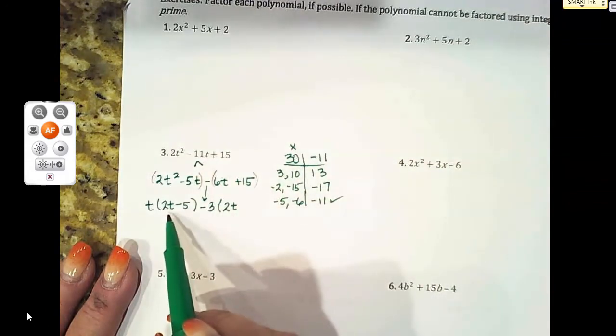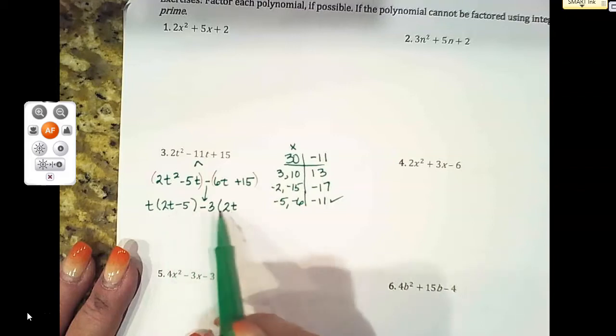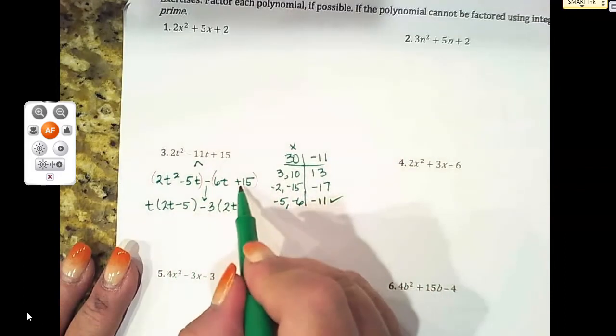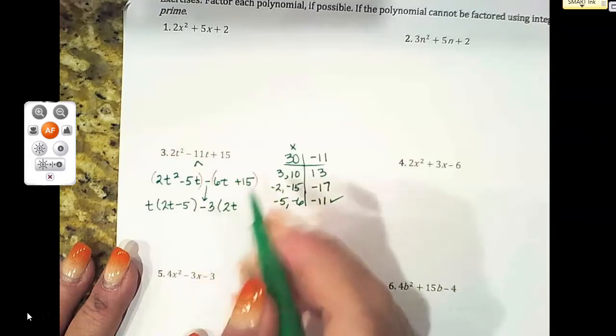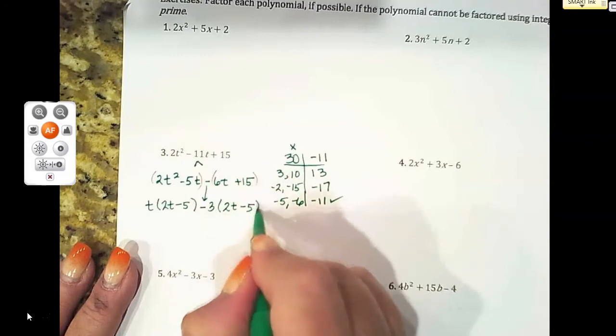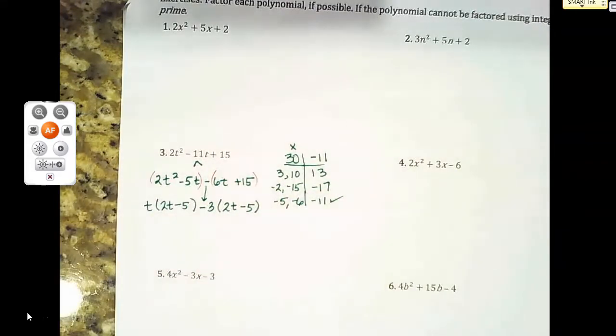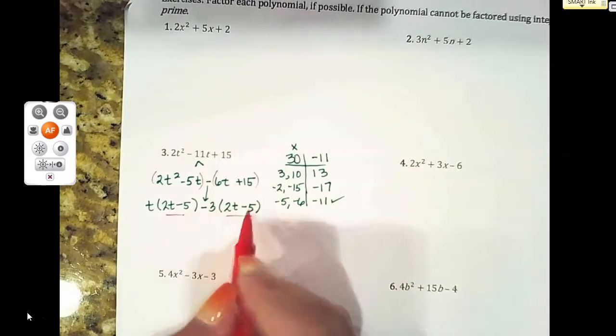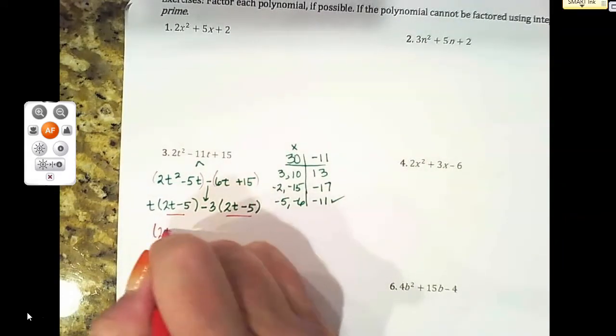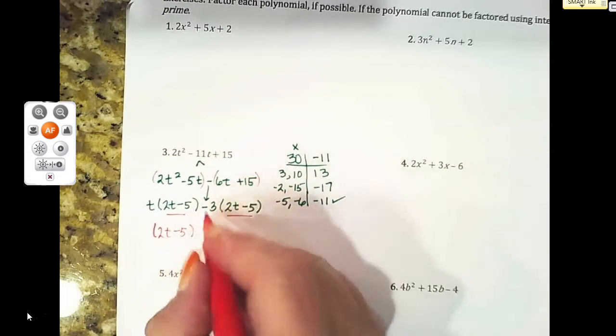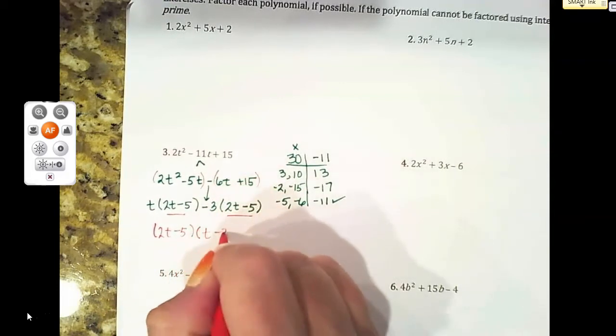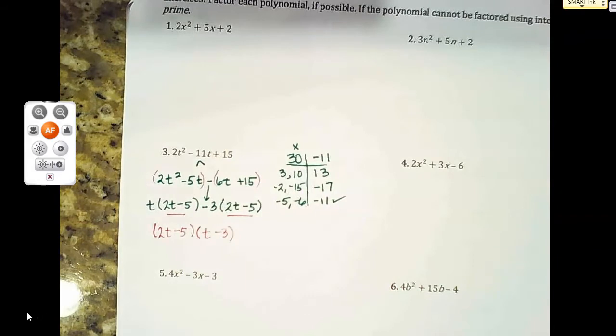And remember, I'm going for a match here, so that goes with what I want. And then positive 15 divided by -3 is going to give me a -5. So I have that match inside the parentheses, so that's going to come down as part of my solution, and then I'm going to build my other binomial, and I'm done.